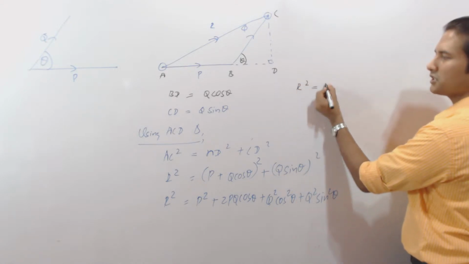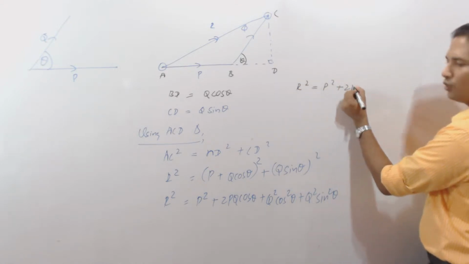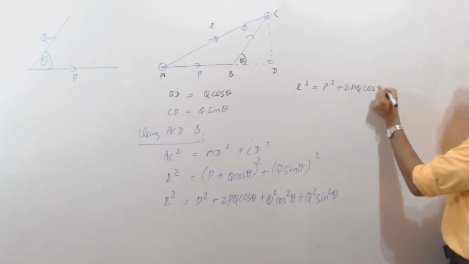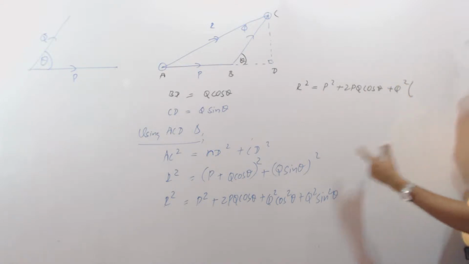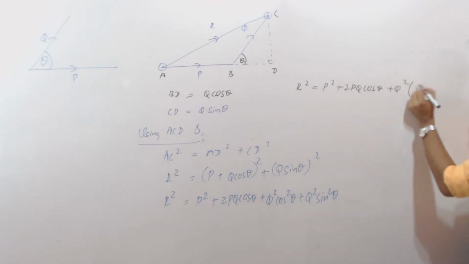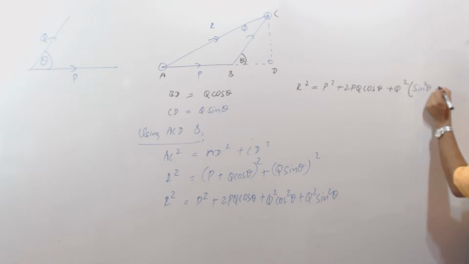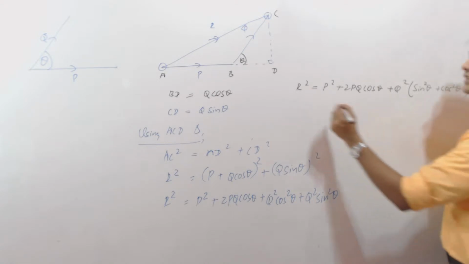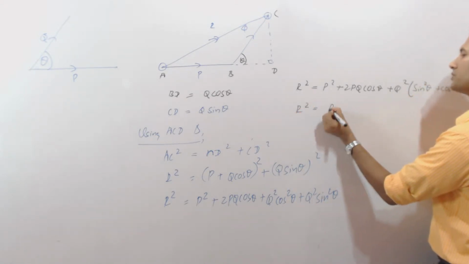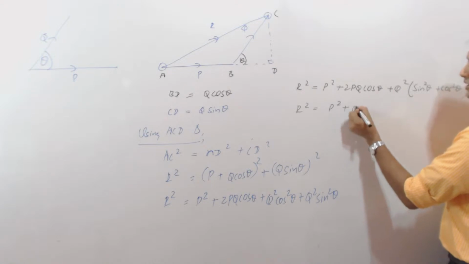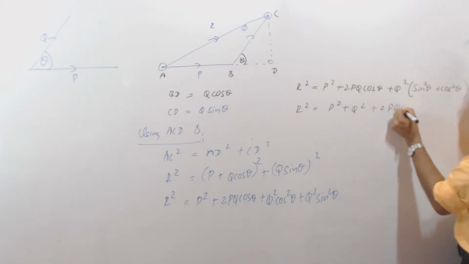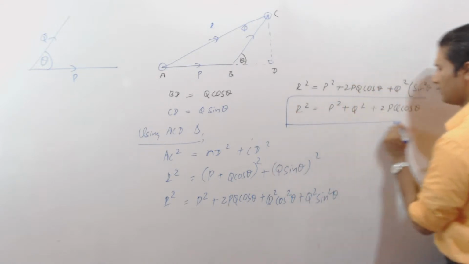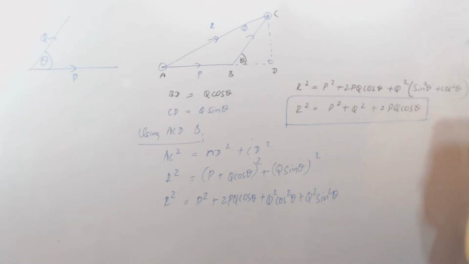Then R square equals P square plus 2PQ cos theta, then Q square can be taken out as a common factor. Then sin square theta plus cos square theta, we know that value is 1. The equation becomes R square equals P square plus Q square plus 2PQ cos theta. That is the way of finding the resultant of these two vectors.